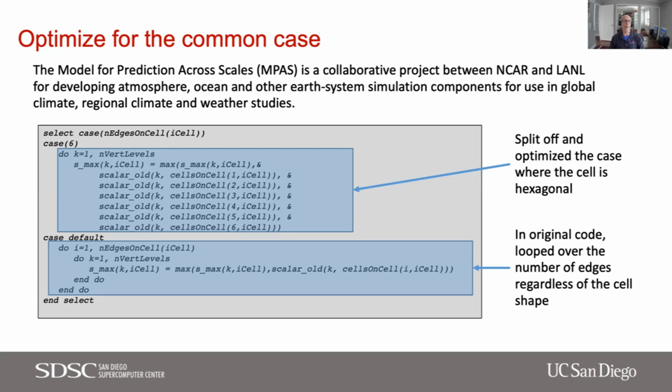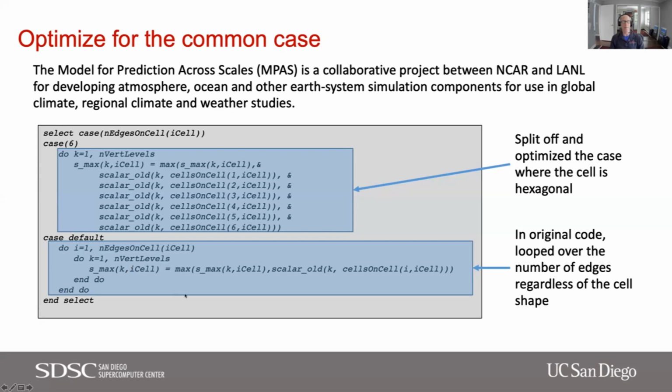So what we did was we split out the code. We wrote a special block of code for hexagons. We test each cell: is this a hexagon? Good. We're not going to iterate. We're not going to have a loop over the edges. Instead, we're just going to write this special piece of code.